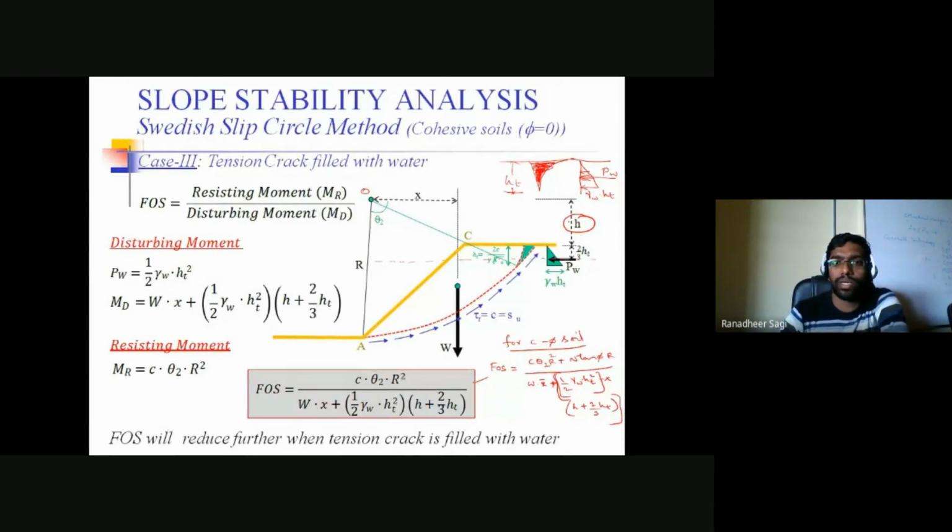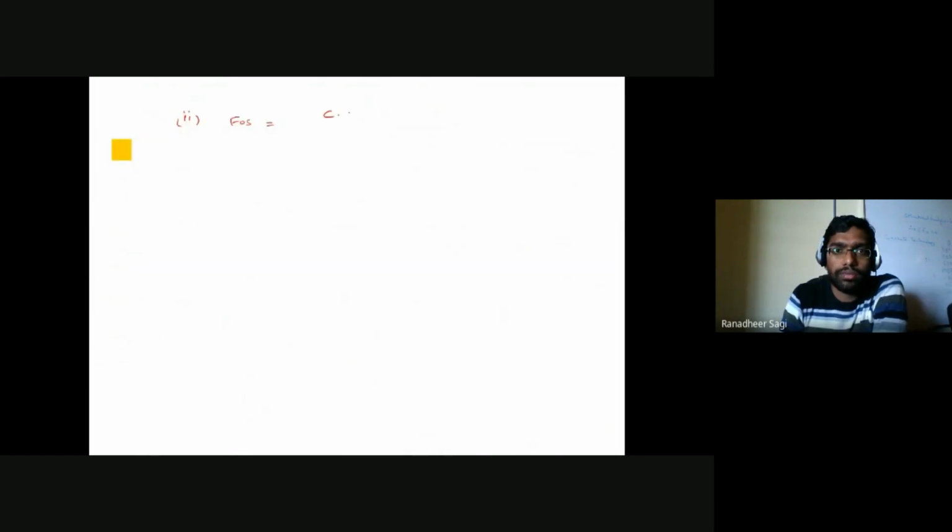Please make a note of this expression so that we can substitute the terms into it. Factor of safety is C into theta into r square divided by W into x bar, plus half into gamma W ht square into h plus 2/3 of ht. This is the expression we have.